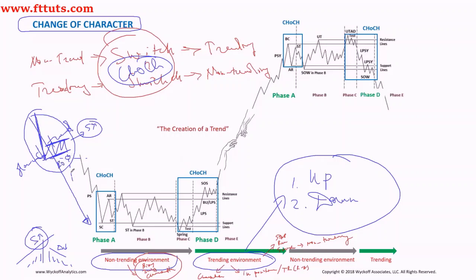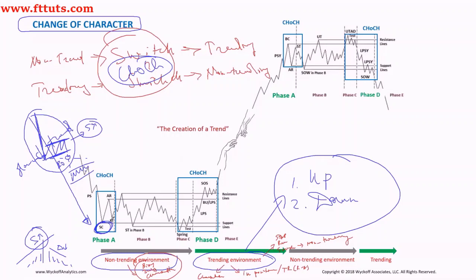So that's going to be a repeated behavior until we actually exhibit a stopping action, which is going to be labeled by us as a selling climax. So this is what we're going to have in the downtrend, and this behavior is not going to change until a certain point.